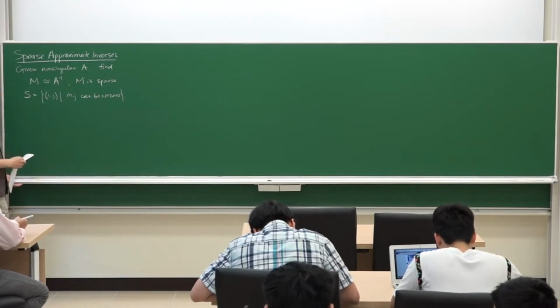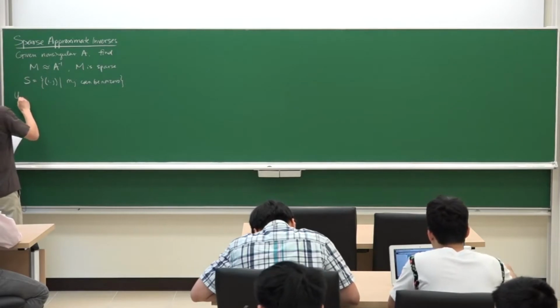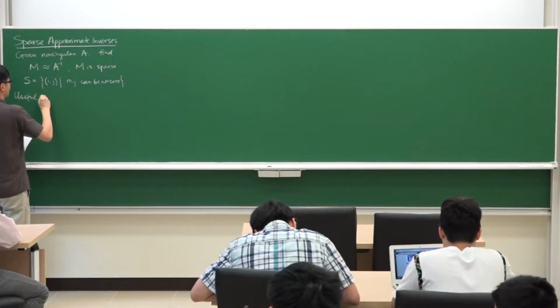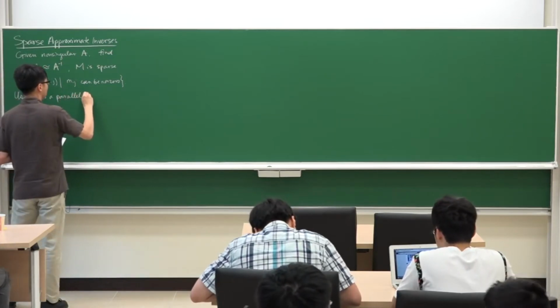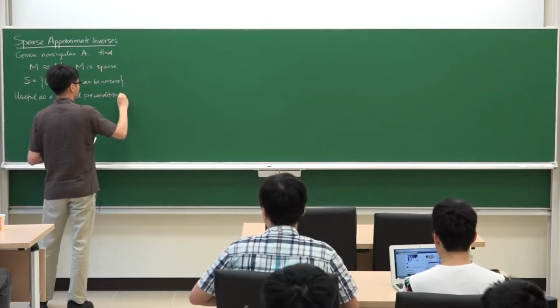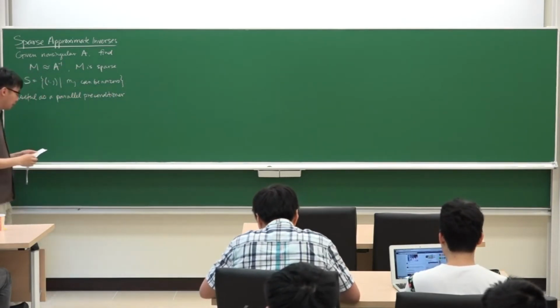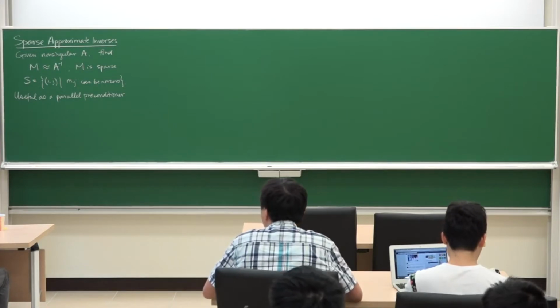This is useful as a parallel preconditioner, mainly because applying the preconditioner is just multiplying by the sparse matrix M, which is highly parallel.